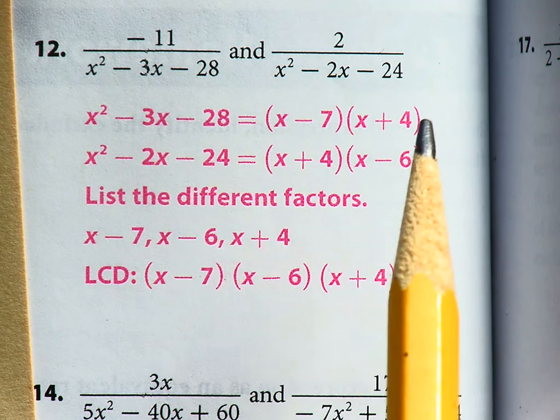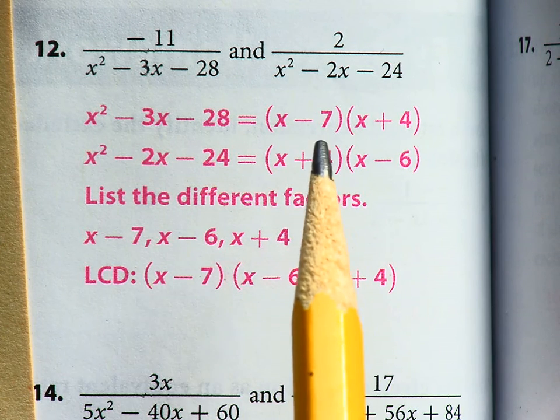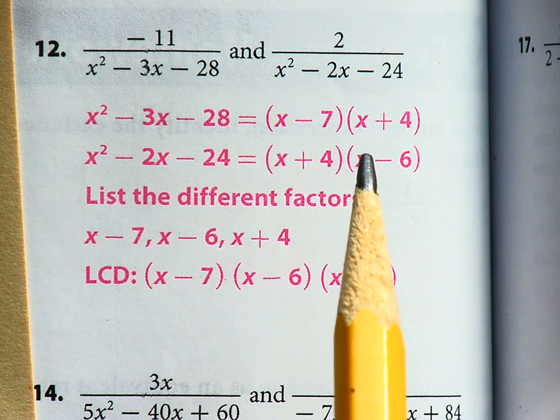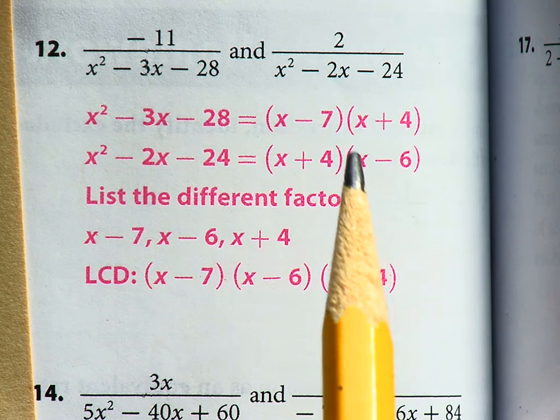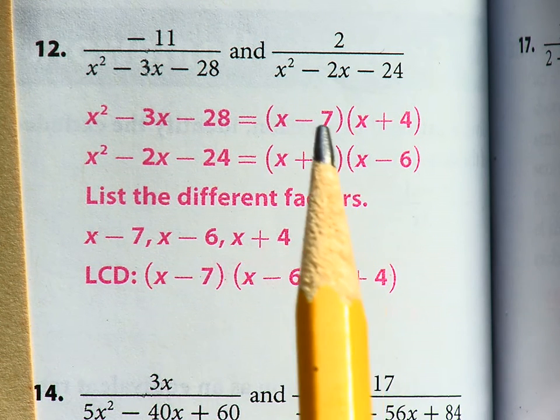Now right off the bat, you can notice that this has a common factor of x plus 4. So these here are what you'd have to multiply the other fraction by in order to create that common denominator.